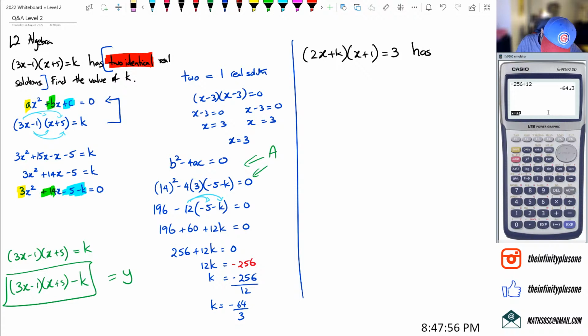Again, I'm going to give you guys: it has one solution for what value of k. A little bit harder this one, but still the same kind of principle behind it.